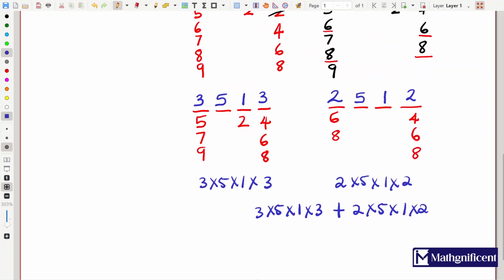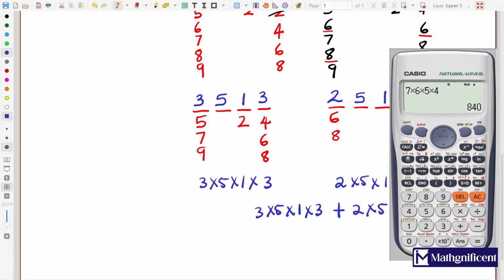So all of these, you can just put into the calculator and see what we get. So now we have that this is going to be 3 times 5 times 1 times 3, right? So this is what we have here. And then we say plus 2 times 5 times 1 times 2.